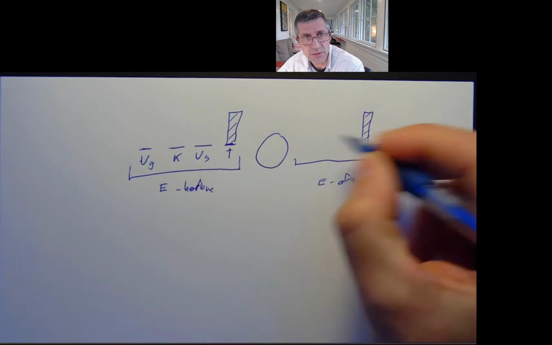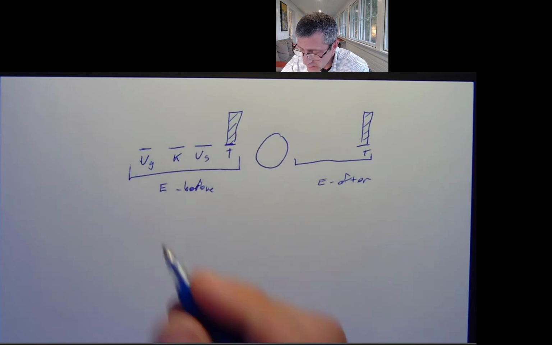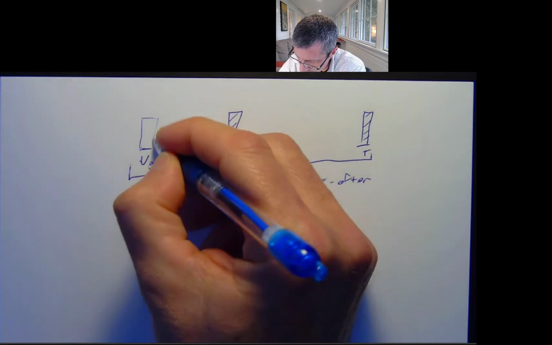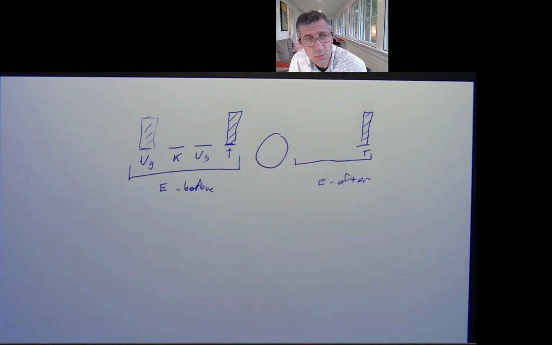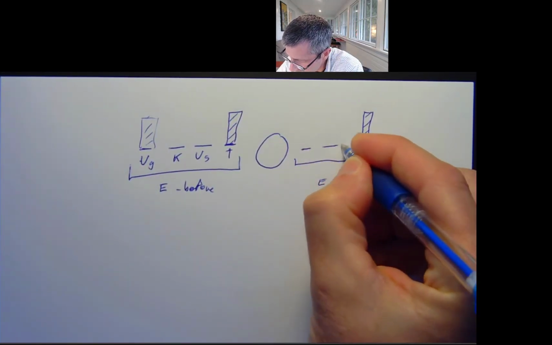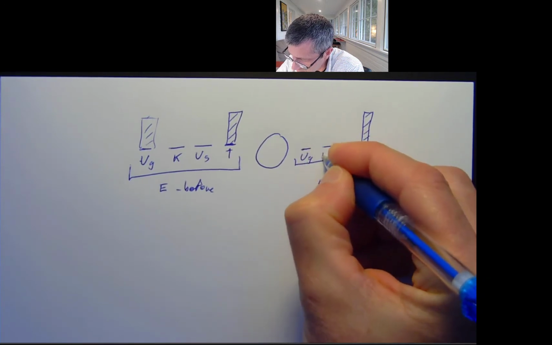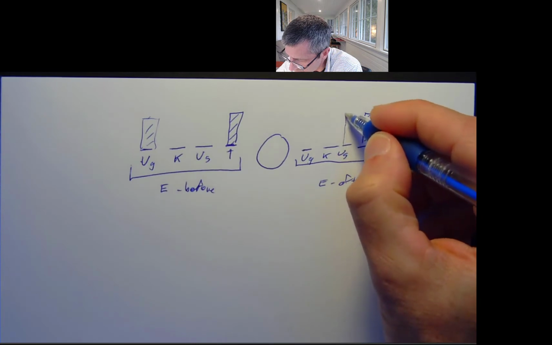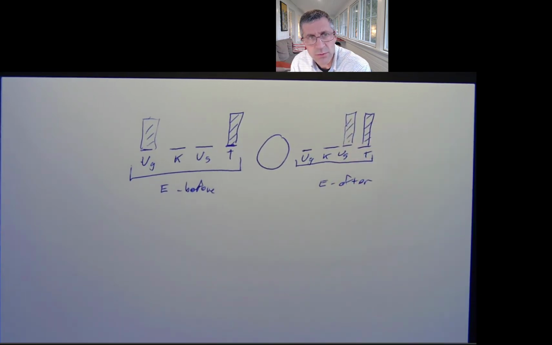Imagine those are the same height. Maybe I start with all gravitational potential energy when I'm at my top. When I get to the middle, I'm going to have gravitational potential, kinetic, and spring energy. When I get to the bottom, I'm going to have all spring energy. And so this is one way that we like to represent this.